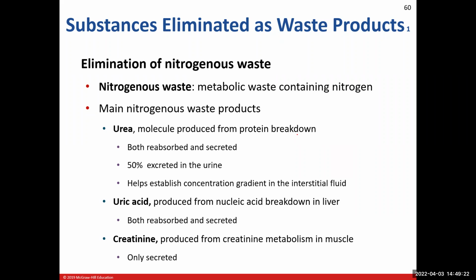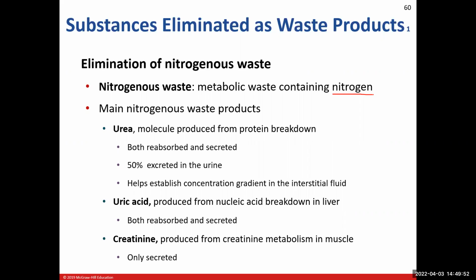And one such waste product is what we call nitrogenous waste. Nitrogenous waste we're going to see in structures that contain nitrogen. An example would be amino acids and proteins. They have nitrogen in their molecular makeup.